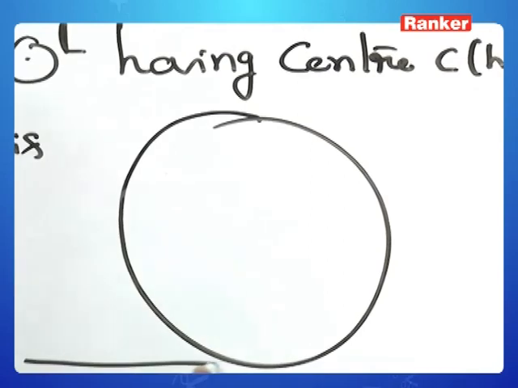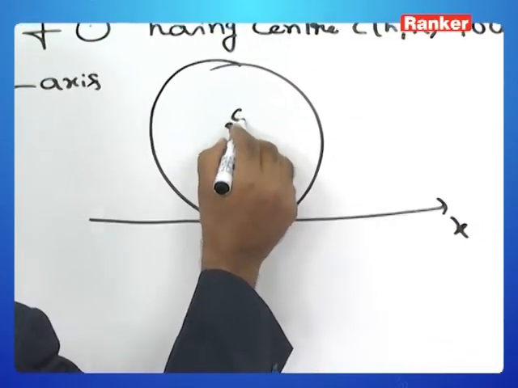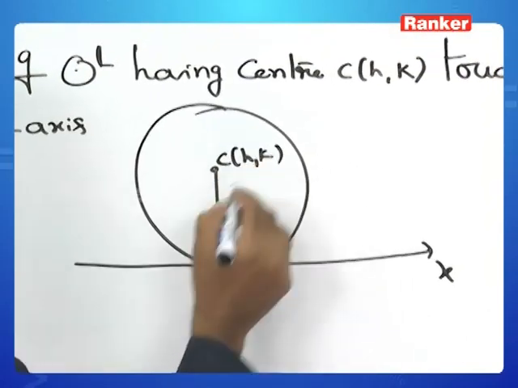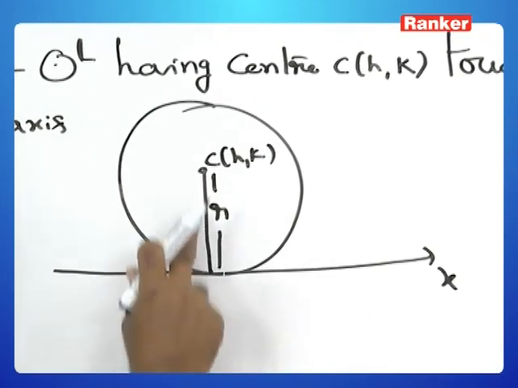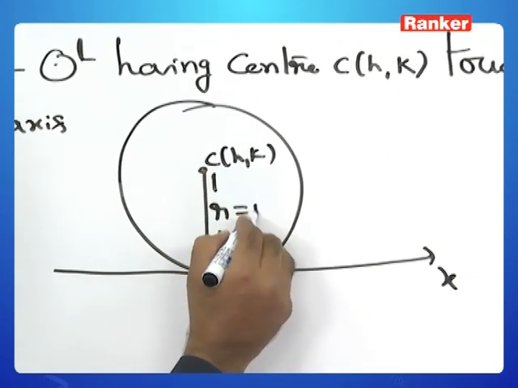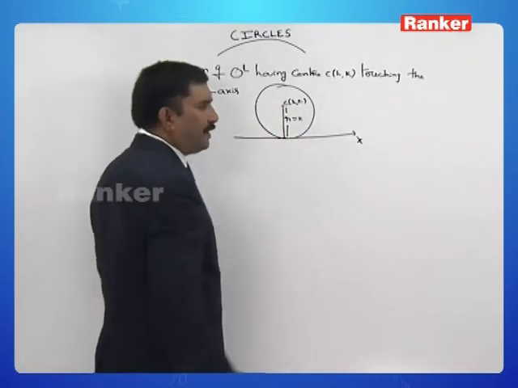This is the circle touching the x-axis. If I take center h comma k, this is nothing but a radius. What is the y coordinate of the center? k. The distance from the x-axis to this point is k.